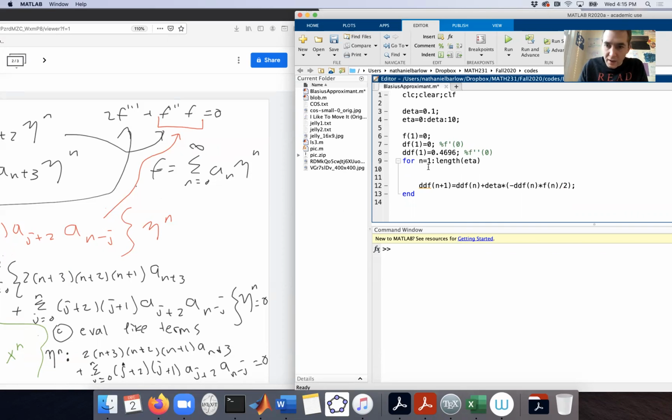So we're saying that the second derivative is the derivative of the first derivative, right?